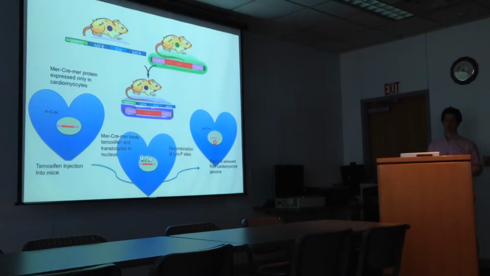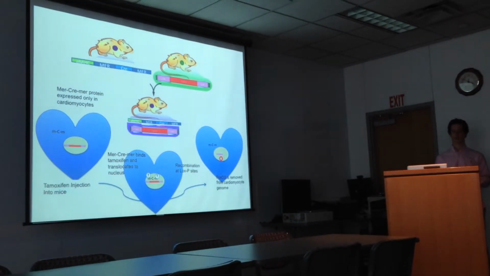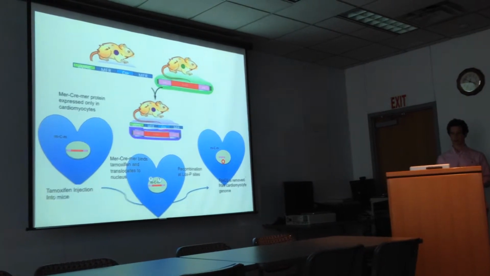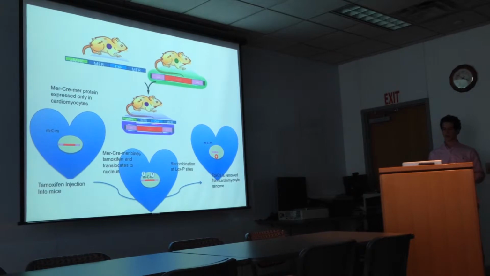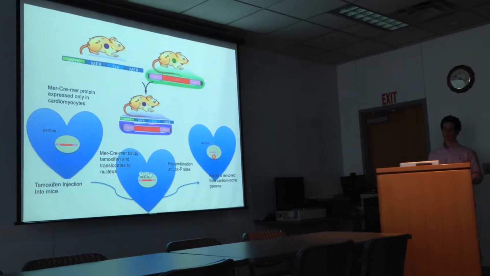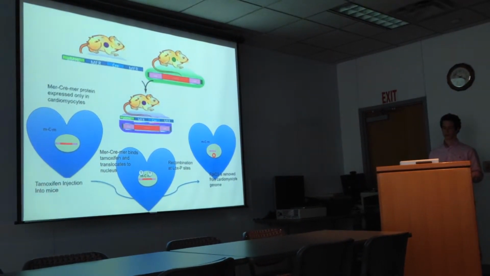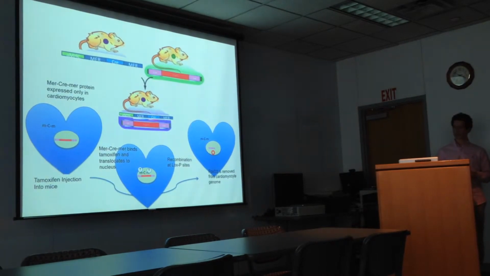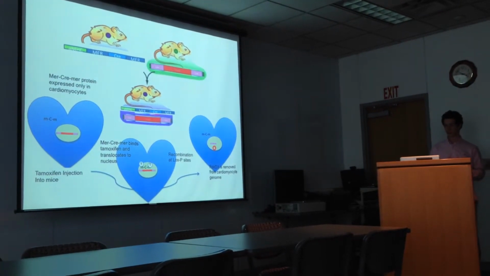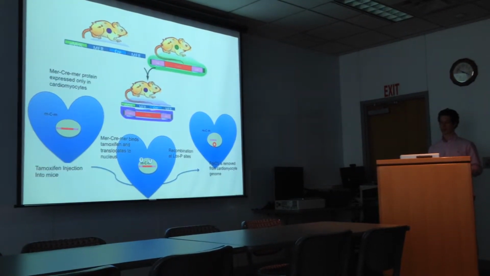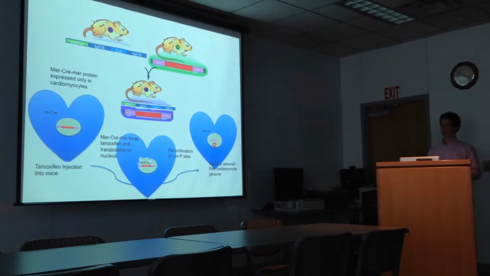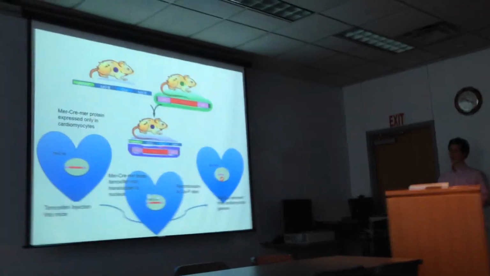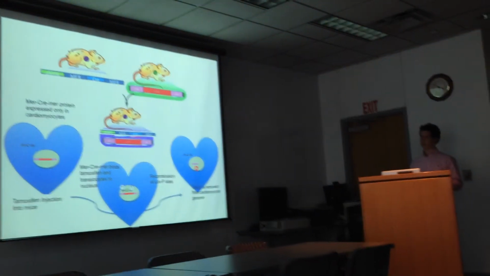Animals now positive for floxed FoxO and alpha MHC Cre, when injected with tamoxifen, the tamoxifen binds the Mer-Cre-Mer, translocates to the nucleus and recombines at loxP sites, which removes the FoxO3. Thus, the FoxO3 is removed from the cardiomyocyte genome.